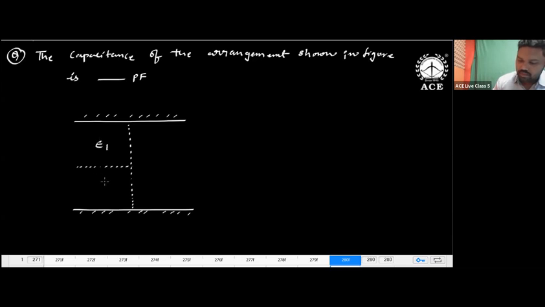Here it is epsilon 1, here it is epsilon 2, here it is epsilon 3. The distance from here to here it is 10 centimeters. Here to here it is 10 centimeters. Here to here it is 20 centimeters. Here to here it is 10 meters square.